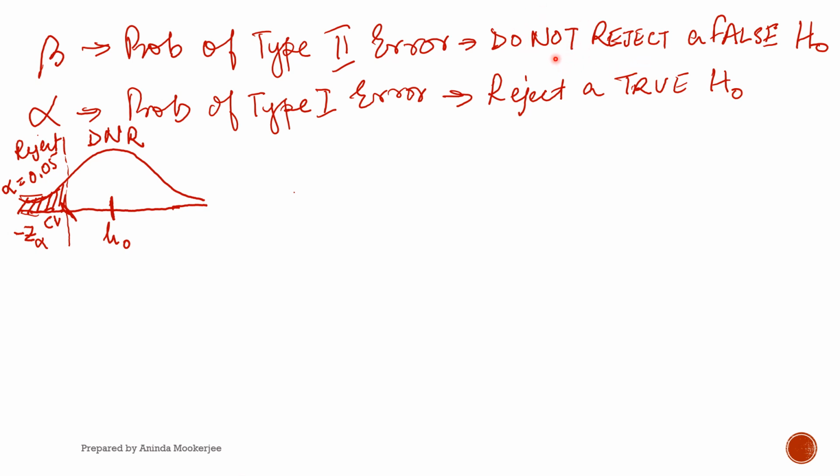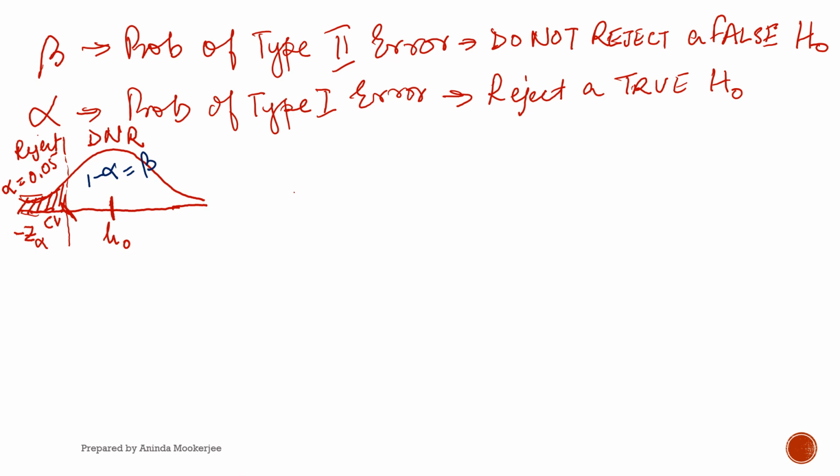And intuitively we may think that if we find the area of the do not reject region in this figure that we use to perform the hypothesis test, we will have found beta, all right? And to find the do not reject region, DNR, in this figure, we just do 1 minus alpha, and we may think that that's our beta value. However, this is incorrect, all right?